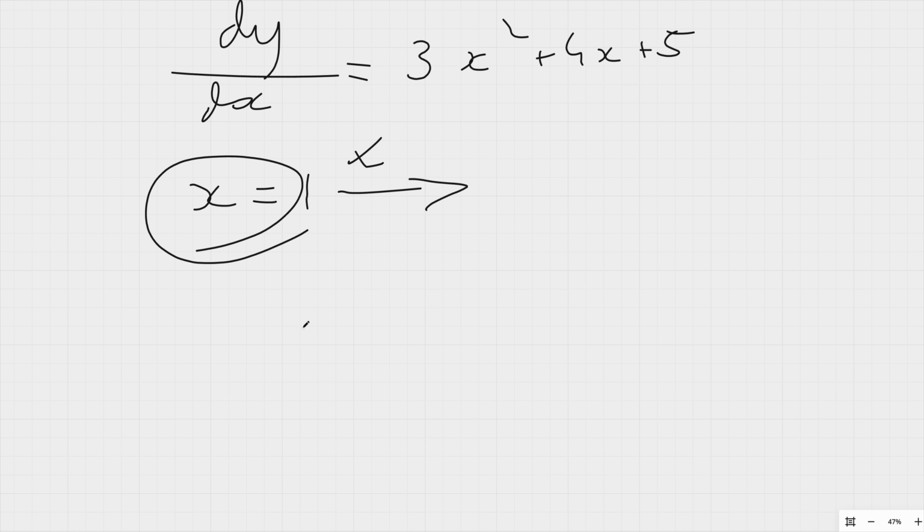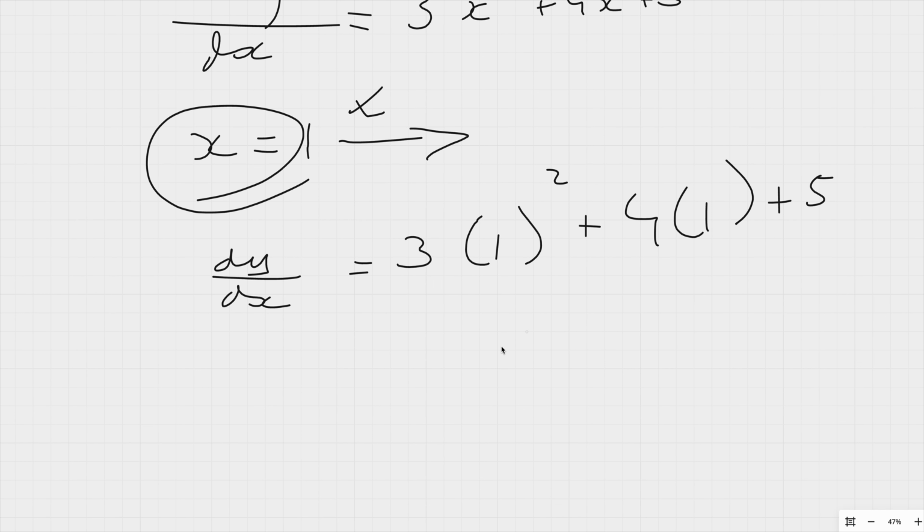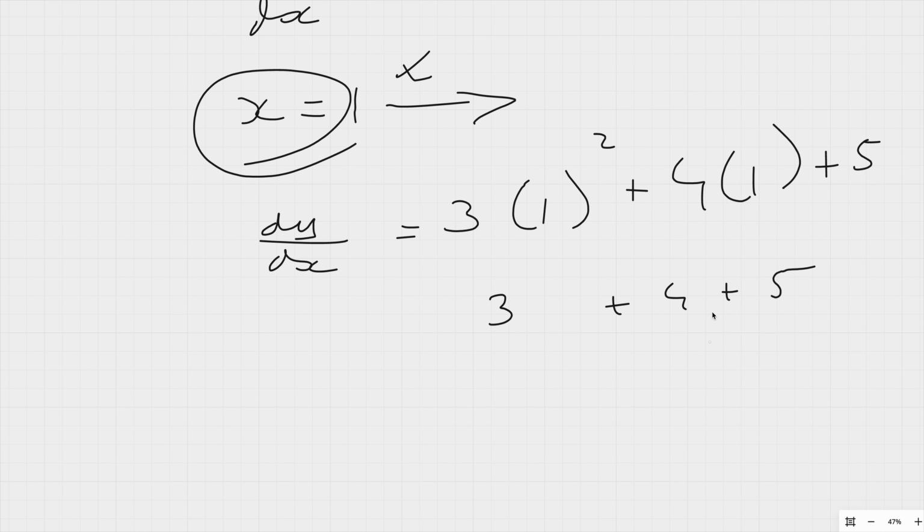All you need to do is dy over dx equals 3 times 1 squared plus 4 times 1 plus 5, which gets you 3 plus 4 plus 5, which obviously is 12. So your gradient at x equals 1 is 12.